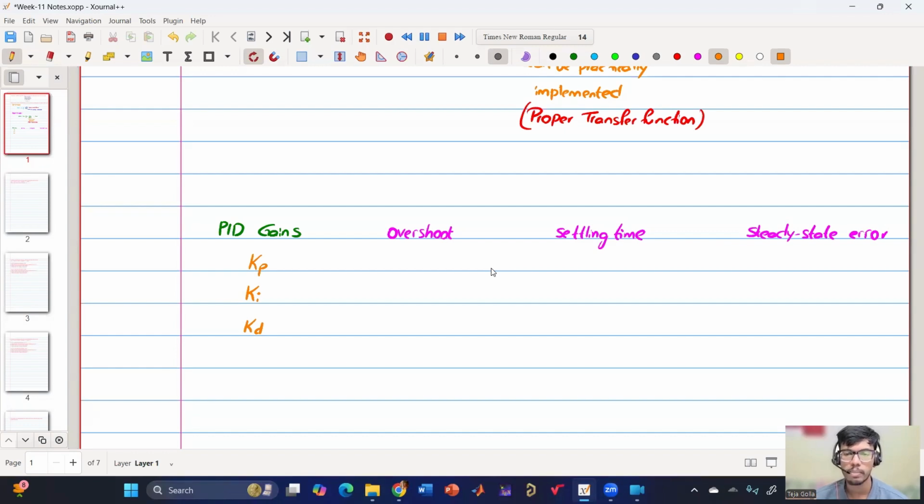If KP is more, then the increment in the control voltage is more, so the control voltage will increase very rapidly. Now the inductor current has to rise quickly, so there will be a very large overshoot, and then eventually it will come to the new steady state. With this, the overshoot will increase. And what about the settling time?